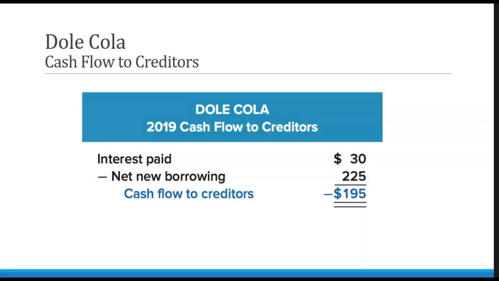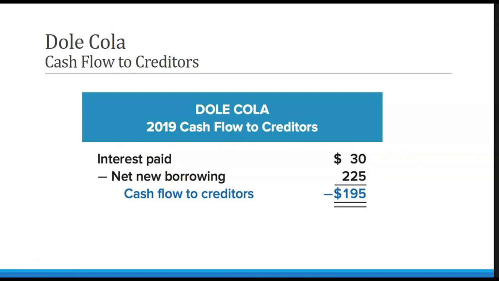Our cash flow to creditors is our interest paid minus any net new borrowing. So we took out additional loans in order to finance our asset purchases. We have interest paid of 30 minus our net new borrowing of 225. We get cash flow to creditors of negative $195.